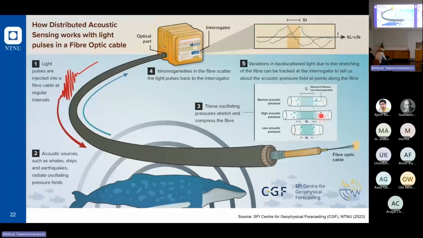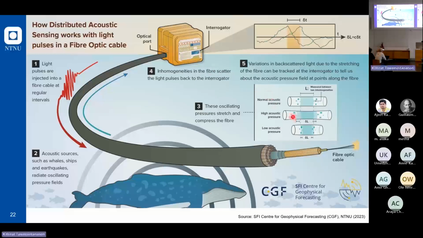This oscillating pressure will change the shape of the fiber, stretching or squeezing it. This changes the position of the inhomogeneities in the fiber and the way they scatter the light back to the interrogator.